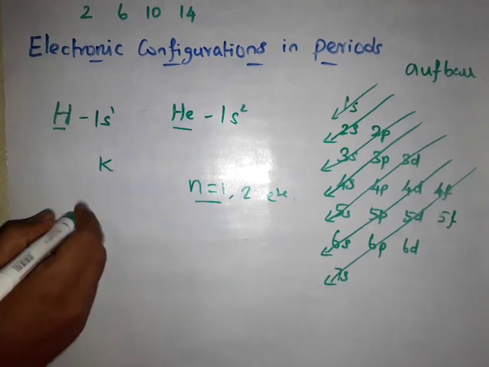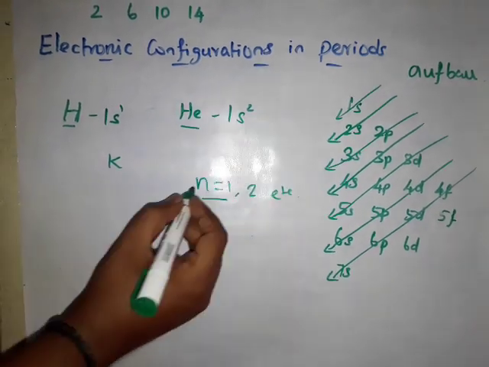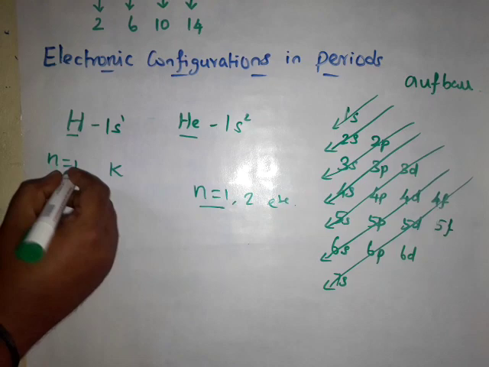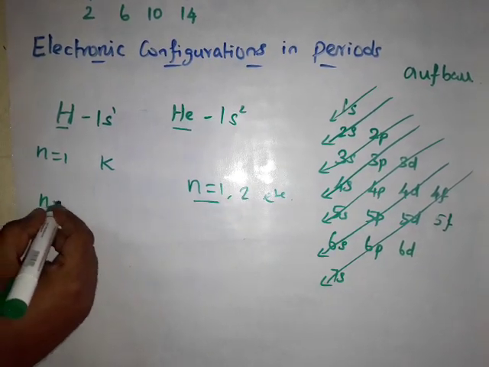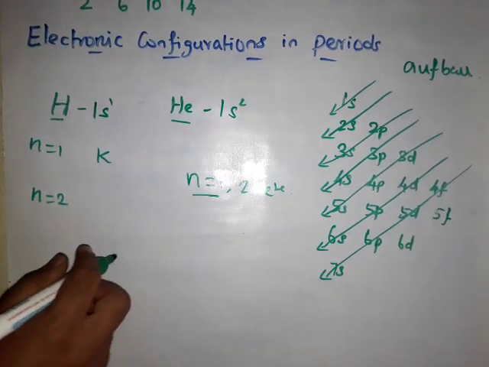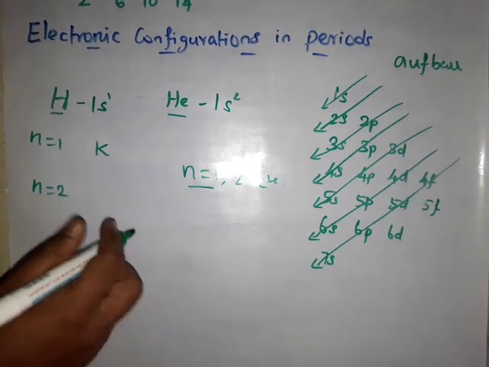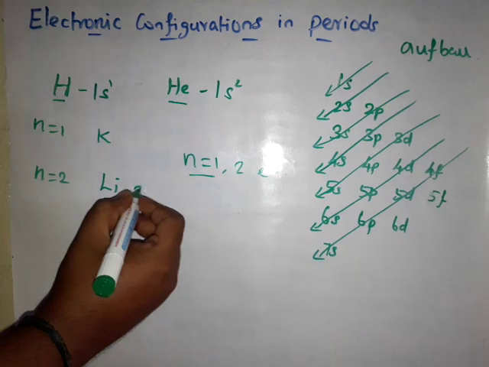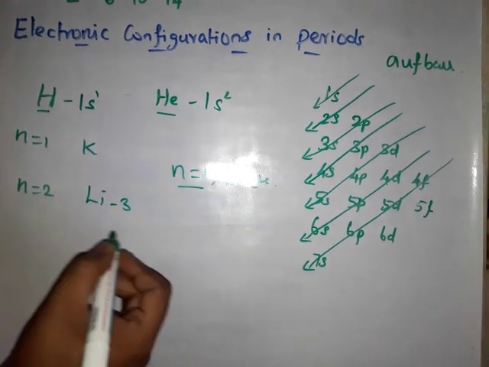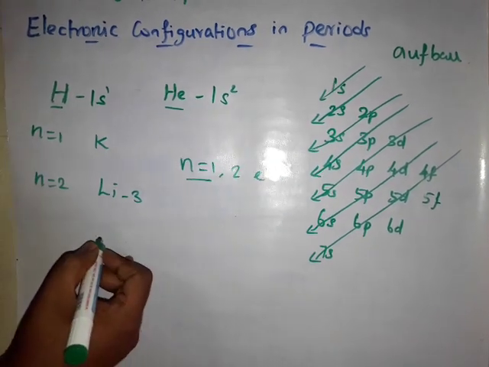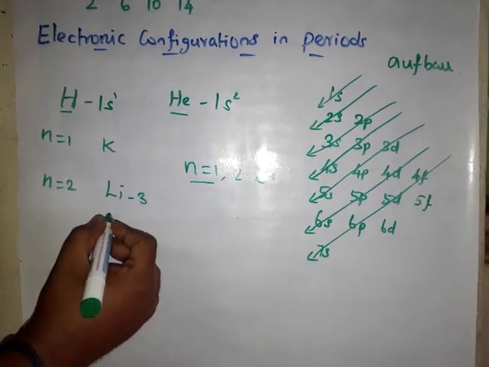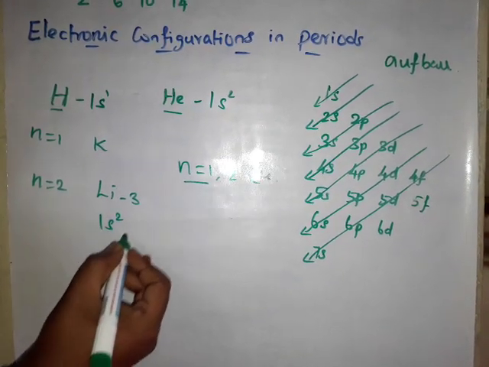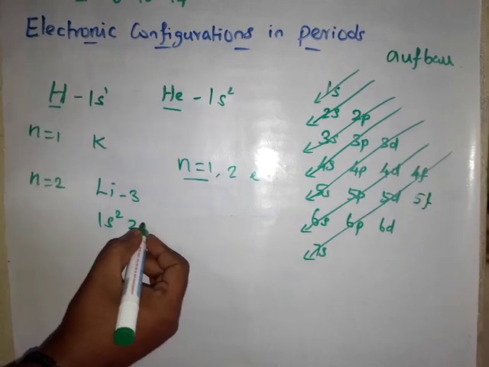So n equal to 1 is the first period. Then the second period is n equal to 2. Lithium's atomic number is 3. So what is the electronic configuration? 1s2, 2s1.